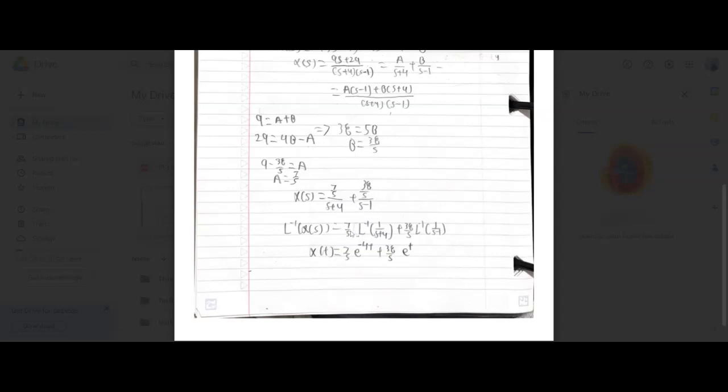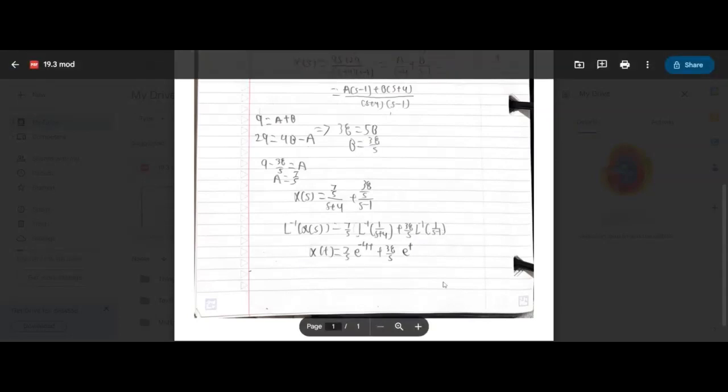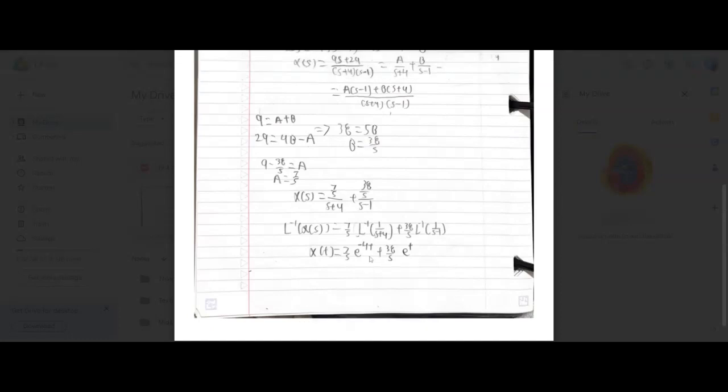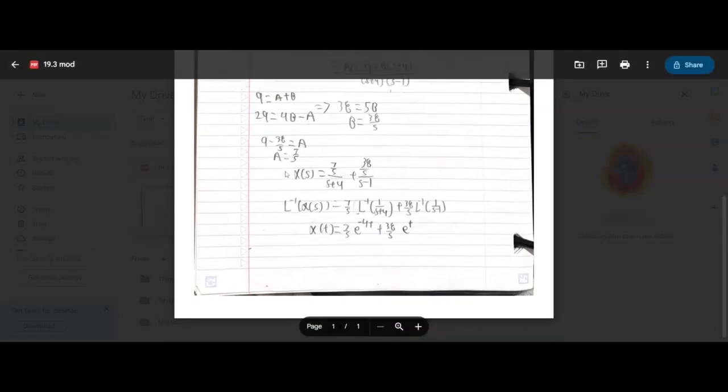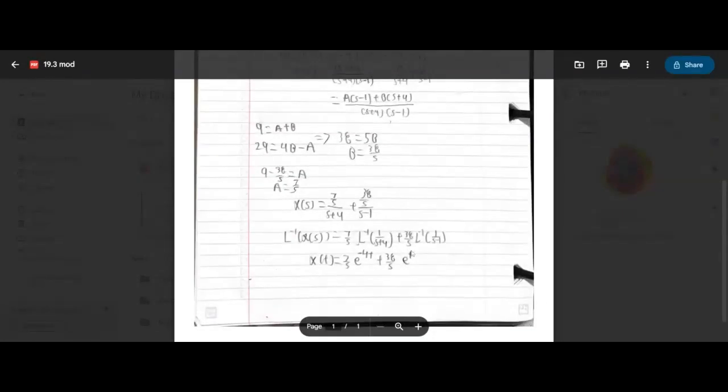So it would be 7/5 the inverse Laplace transform of 1 over s plus 4 plus 38 over 5 of the inverse Laplace transform of 1 over s minus 1. And of course, that just simplifies to 7/5 e to negative 4t plus 38 over 5 e to the t. Sorry, I'm just very out of breath right now. Sorry. And that would be it, yeah.